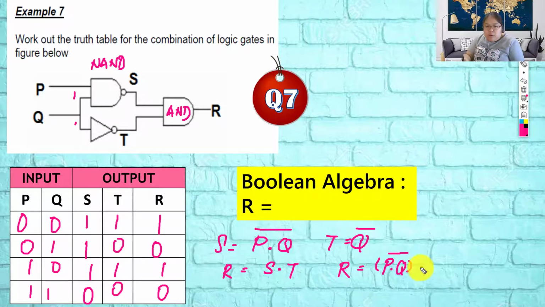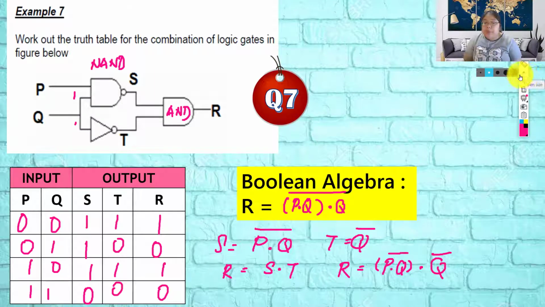Okay, then you dot Q also got bar. So both I can join. So final answer here, bracket P dot Q, bracket back Q. Okay, both also got bar and I can bar together. So this one is a Boolean algebra for the question number 7.